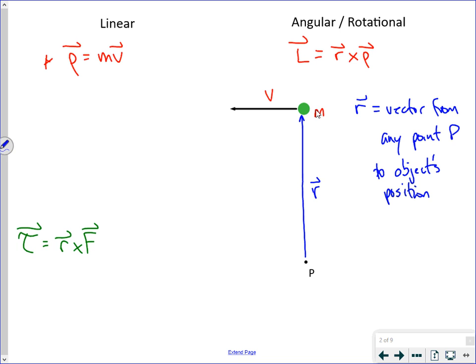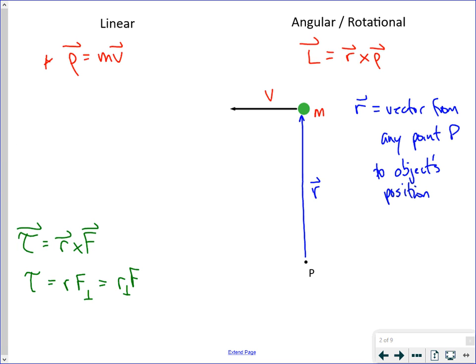And a lot of us know that in order for a force to produce a torque, the magnitude of the torque can be found if and only if there's a component of force that's perpendicular to vector r. Or we can look at the component of vector r that's perpendicular to force F. All right, well, the same sort of thing happens here.